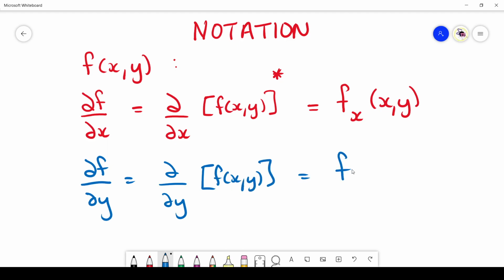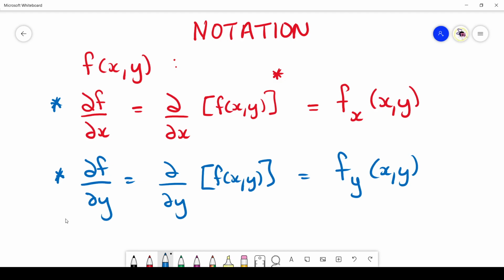Or you can use a subscript: I'm differentiating f with respect to y, and that function has two variables, x and y. Okay guys, so just a short note on the way symbols can come across and confuse you, and if in exams you see any of these notations, now you understand what they mean. But the most popularly used ones are the ones to the far left.